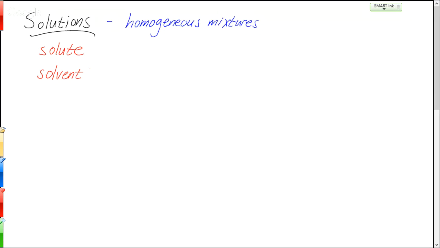But solutions are actually more general than that. So we can't just say the solvent is the liquid or the solvent is the water, because that's not always the case. So we're going to say the solute is what there is less of, and the solvent is what there is more of. And that's really as specific as we can get.